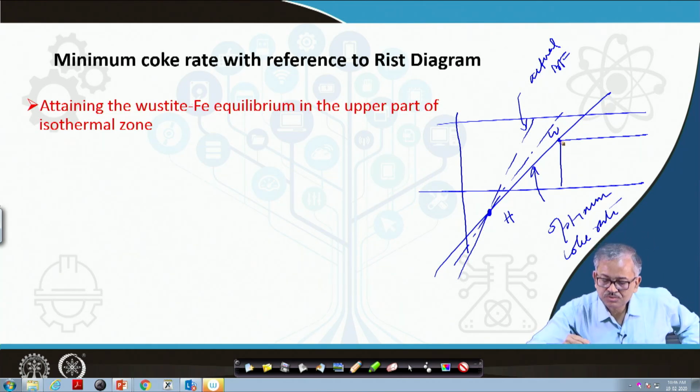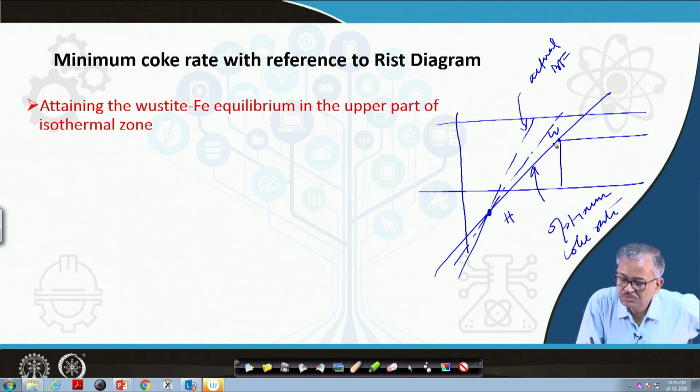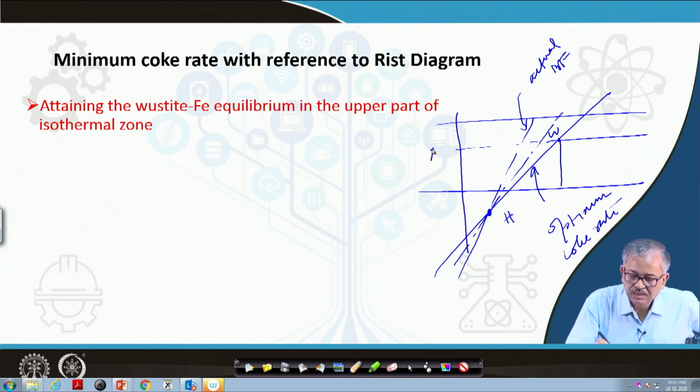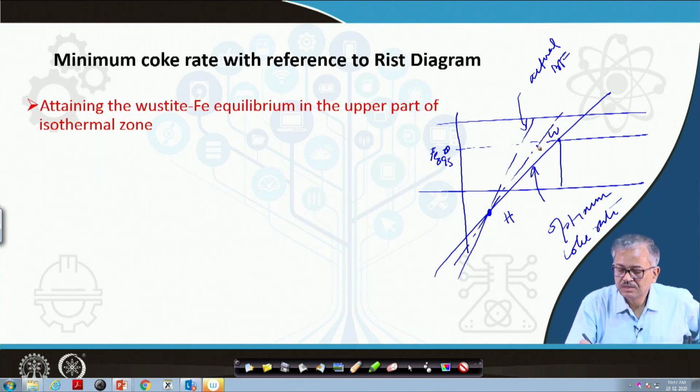Diagram-wise also, this is coming to this point. If I say this is the wüstite point, Fe0.95O, so this is the wüstite point.